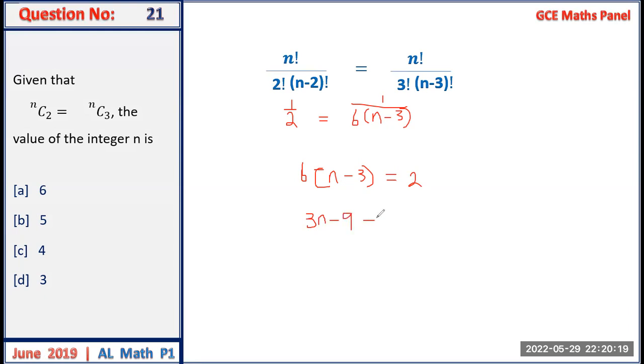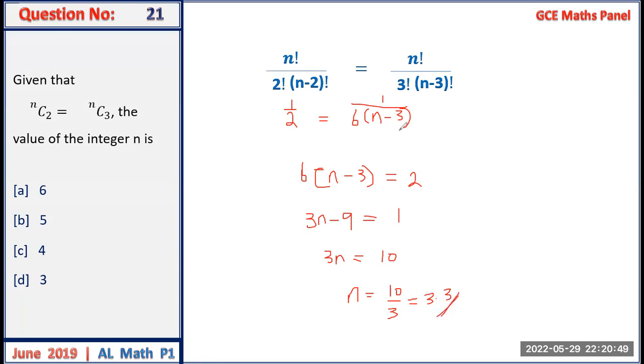Still have the same issue. And 3n is equal to 10. And n will be equal to 10 on 3. So what did this give us? 3 point something.